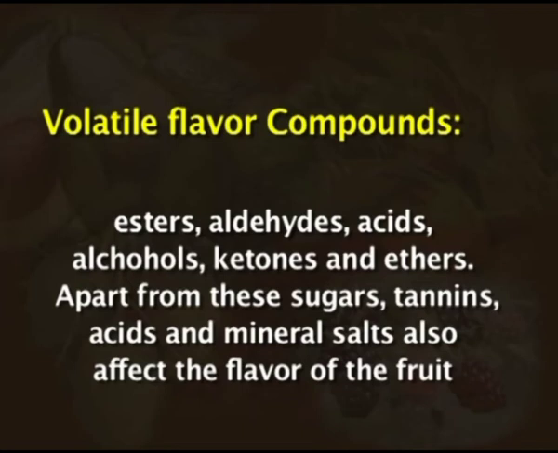Apart from this, sugars, tannins, acids and mineral salts also affect the flavor of the fruits. So ultimately, the flavor of the fruit that you feel on your tongue is a combination of all the substances which I have mentioned just now. That's why it's a complex process.